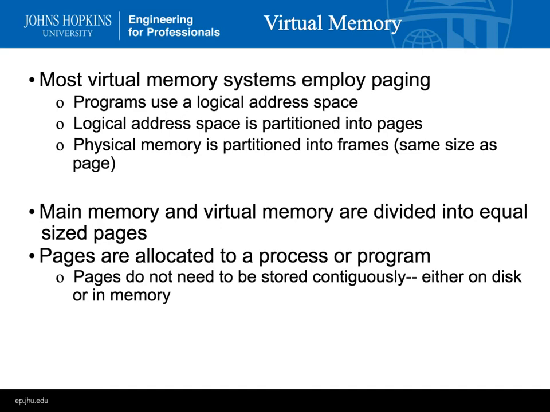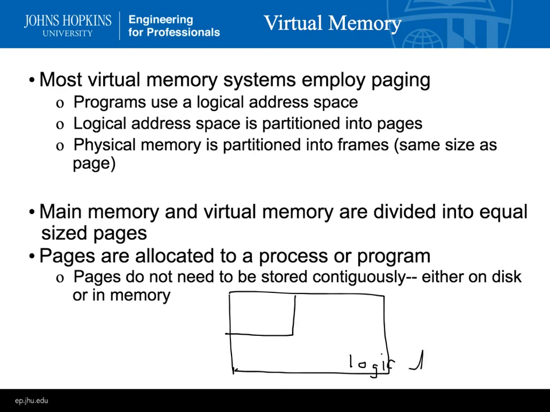So let's go through a little vocabulary here. Logical memory makes our memory system bigger. So if this is our logical memory, the physical memory is a smaller part of it. Physical or main memory.